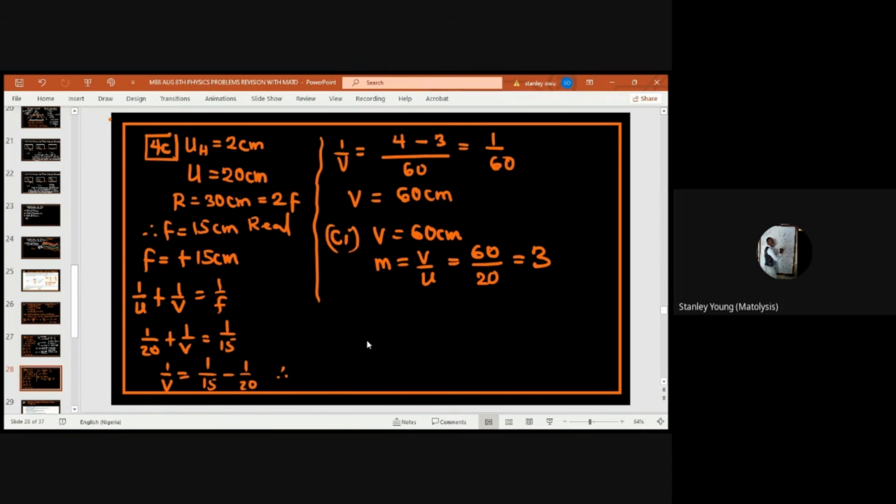So meaning the image is 3 times the size of the object. Okay, that's part (ii) of the question. Then part (iii). Now I didn't bother to put, you realize that there is no unit for the magnification. The unit is going to cancel out, it is a distance over a distance.